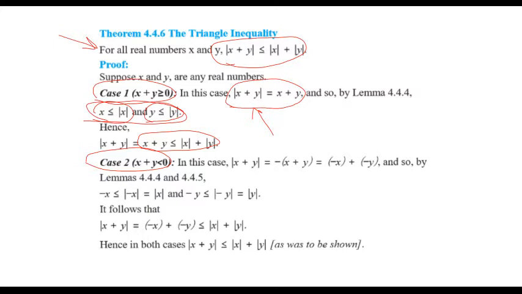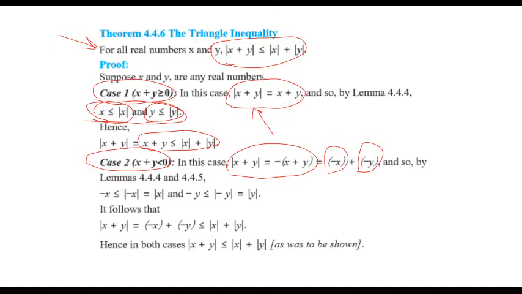Now let's look at the second case. In the second case, x plus y is negative, so by the definition of absolute value, the absolute value of x plus y is negative of x plus y, which is equal to negative x plus negative y.